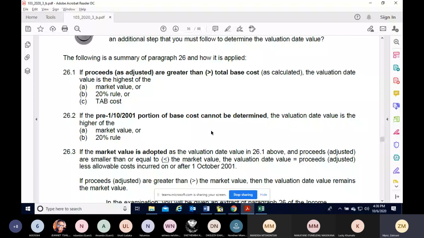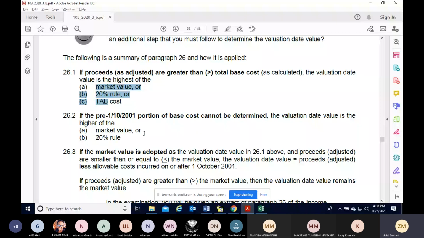In the case where proceeds, after they are adjusted, are greater than the total base cost, the valuation date value is the highest of market value, or the 20% rule, or time-apportioned base cost. If the pre-1 October 2001 portion of base cost cannot be determined, the valuation date value is the higher of market value or the 20% rule.